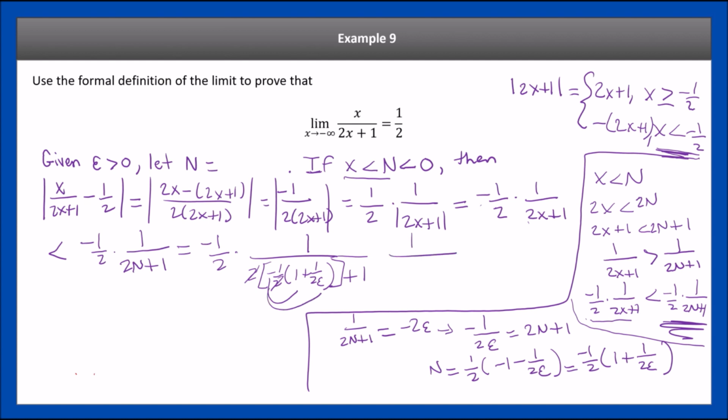So we get 1 over negative 1 minus 1 over 2 epsilon plus 1, but then the negative 1 and the positive 1 cancel out. And then this flips, leaving us with negative 2 epsilon. I forgot to write the negative 1/2 here, so let me put this in brackets, if you will.